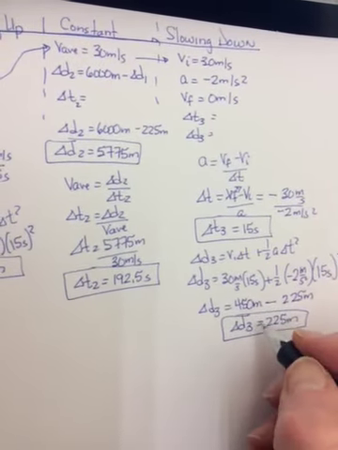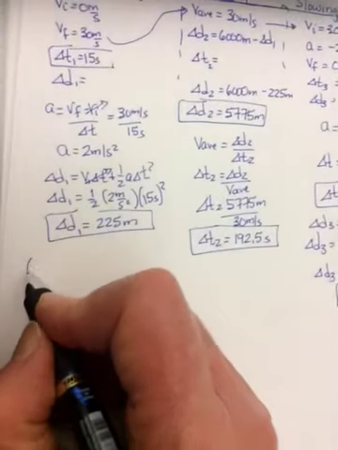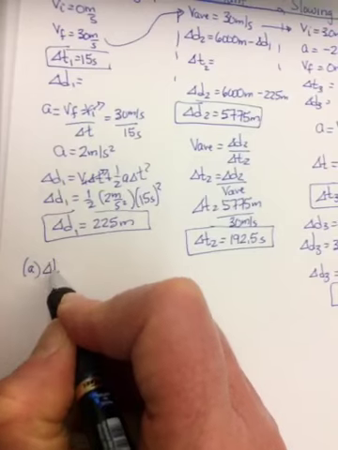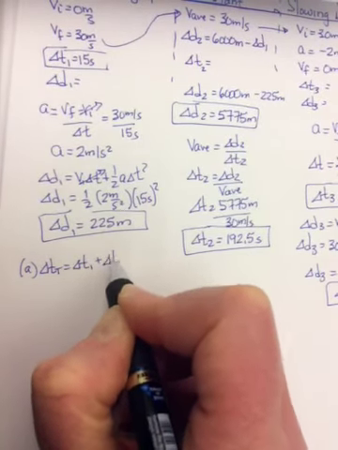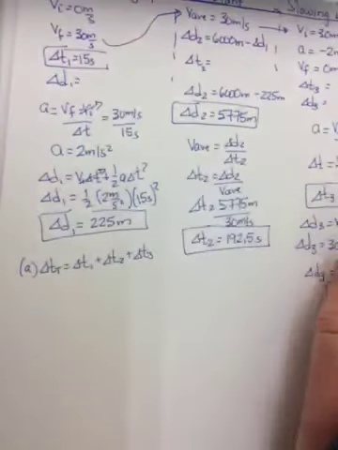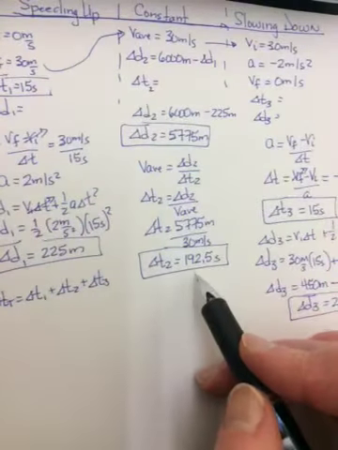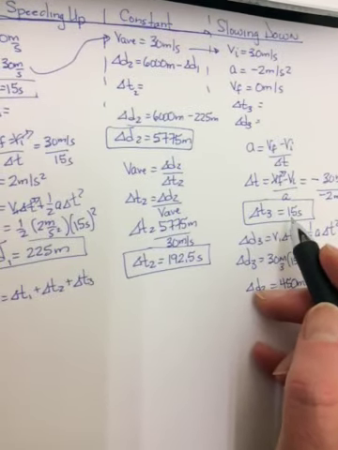Okay, so now if we look at the question, part A says how long was the train moving? So in A, you want the total time. Just add up T1, T2, and T3. T1 was 15 seconds, T2 was 192.5, and T3 was 15.